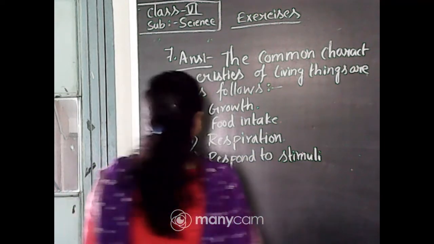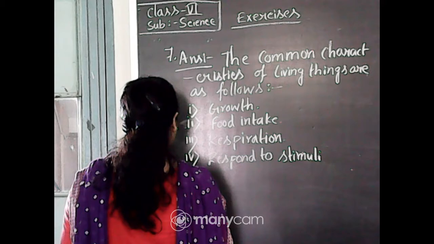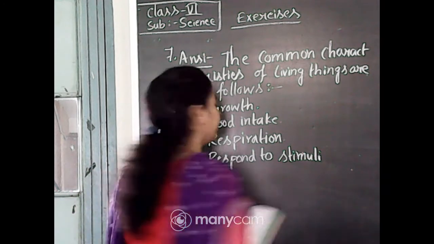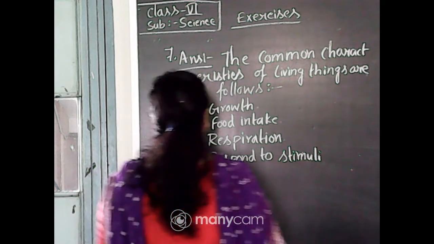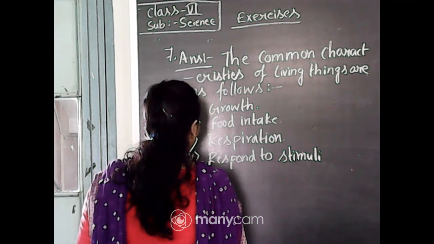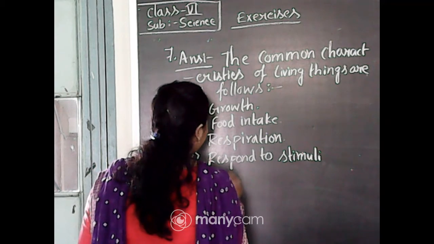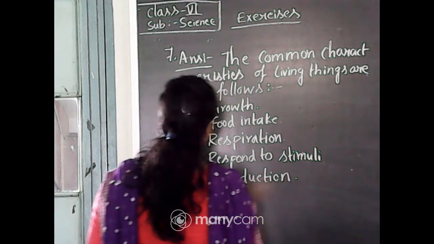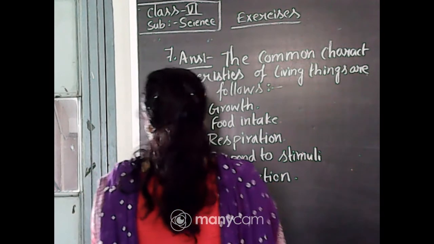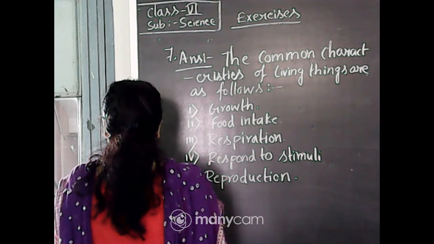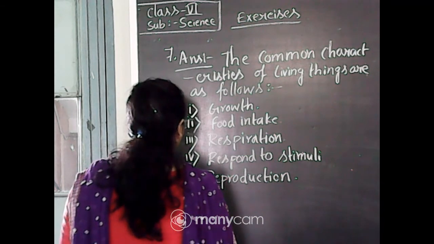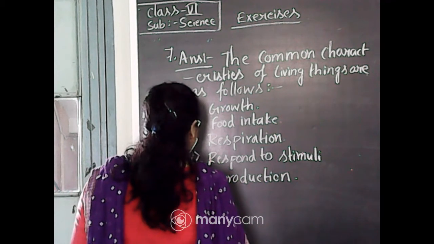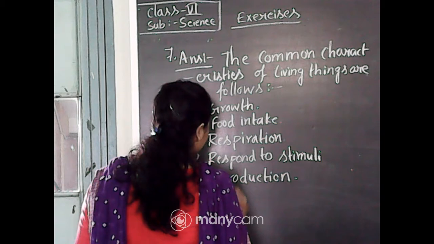As you know, stimuli are the changes in our surroundings that make us respond to them. Next feature, they reproduce their own kind, that is known as reproduction. Then they excrete, that is, getting rid of waste by the process of excretion.